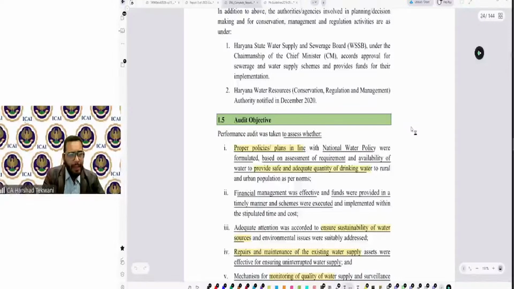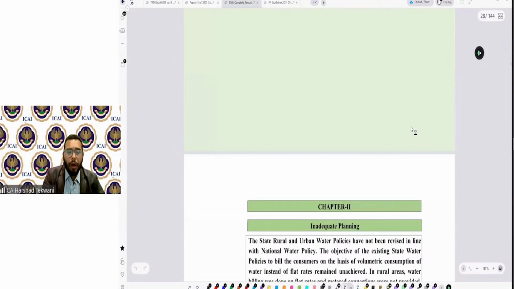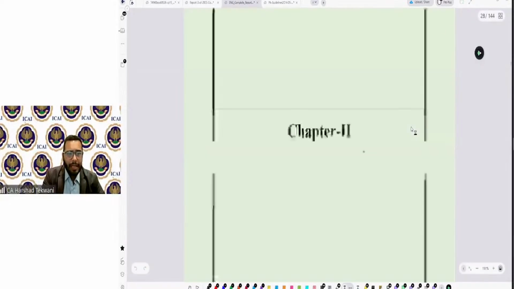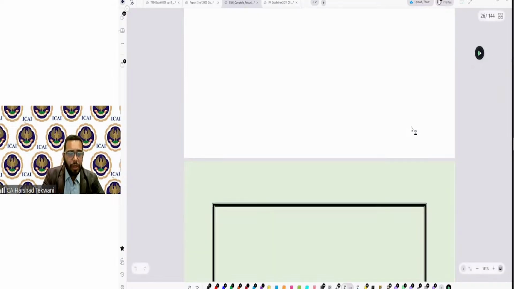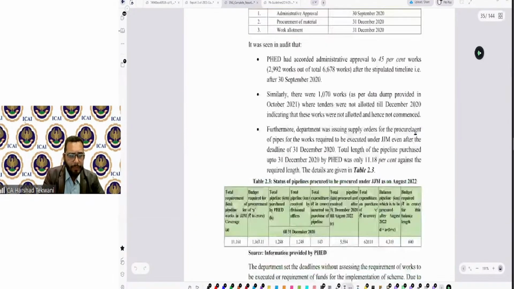So we saw in this particular example that there were multiple types of observations. Some were related to planning, and certain were related to financial areas, like improper financial management in chapter 3. So I'll go to chapter 3 and share some details.